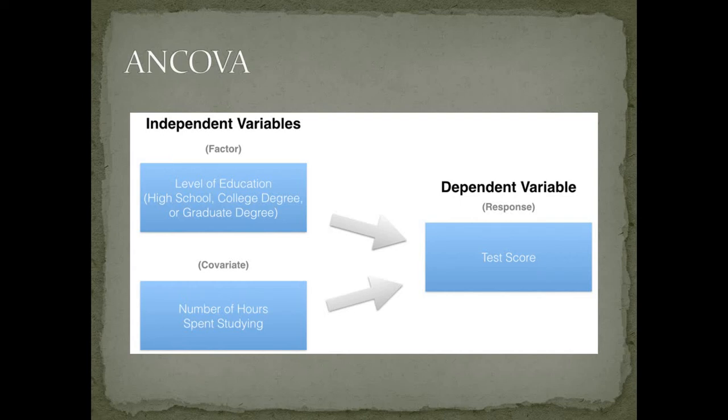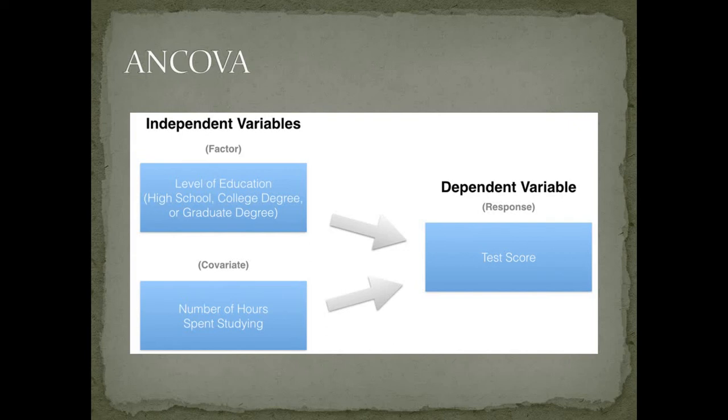This will be continuous. Okay, and the first factor, that is level of education, will not be continuous, it will be categorical. And what about the dependent variable? Dependent variable is test score. So the researcher wants to know what effect the level of education and how much time you study have on your test score.